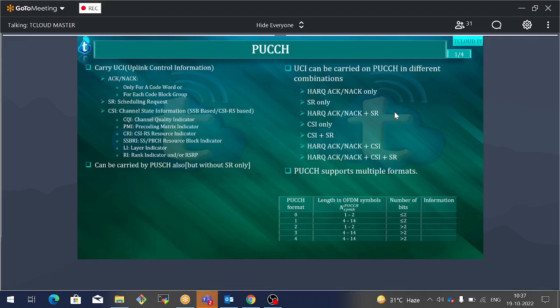Maybe from one beam it might be receiving a good signal strength, and from other beams lesser signal strength. But the mobile can estimate which downlink beam is better. So it is indirectly reporting on which beam it would like to receive the downlink traffic. Indirectly, it's giving a hint to the network.